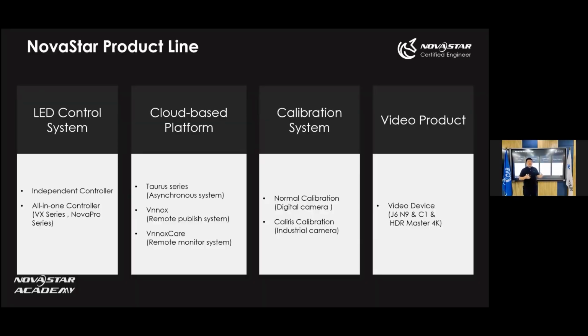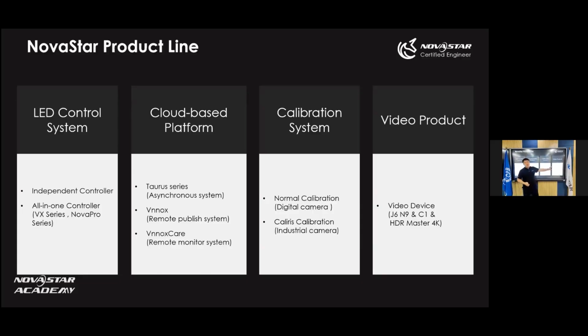We will collect the parameters, we'll generate the coefficients for the LED screen to improve the color and the brightness of the LED screen. But for the fine pitch project, like the COB or mini LED or micro LED, we need to use a calories calibration, which we will use the industrial camera. And we also have specific courses for this part when the offline training can be held.